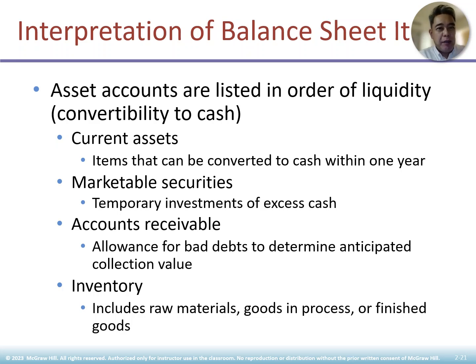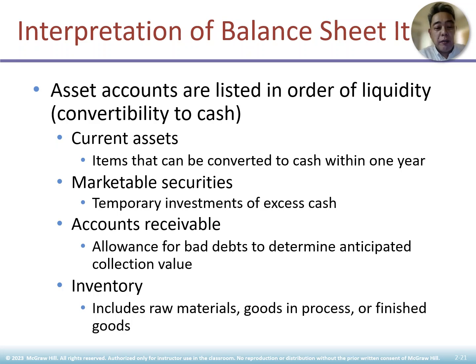For example, accounts receivable can be collected and converted into cash within 1 year. Why? Because accounts receivable are normally short term, within 90 days, or normally trade terms are 30 days. You might have somebody defaulting, not paying on time, and then they would pay within 90 days. So that's why it's still short term, within 1 year.